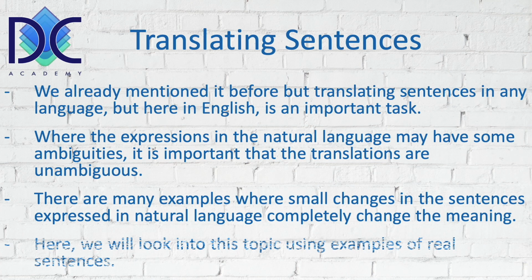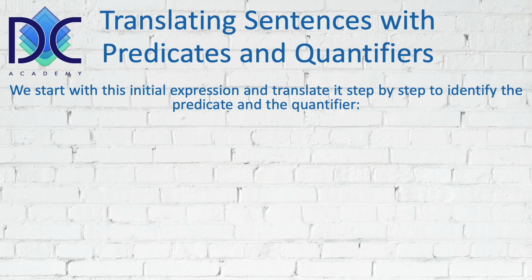In this video, we're going to look at some real sentences, and we try to find their logical expression. The first example is that we have to look at those expressions and translate them step by step to identify the predicates that are in that sentence and the quantifier that we have to use.